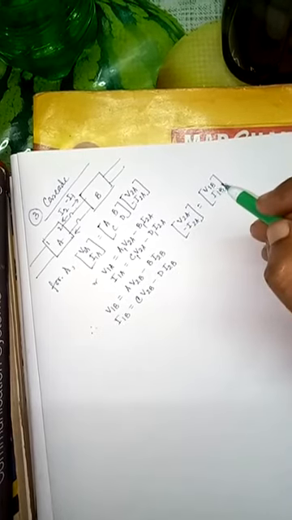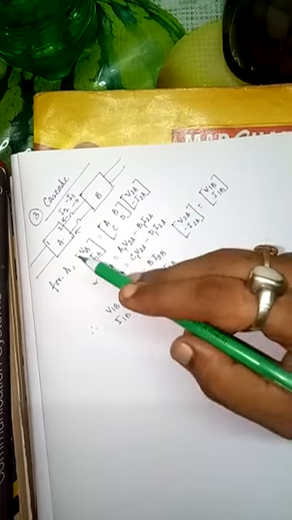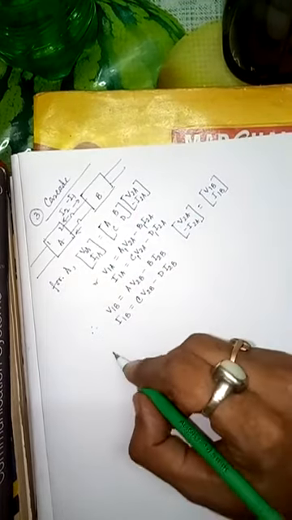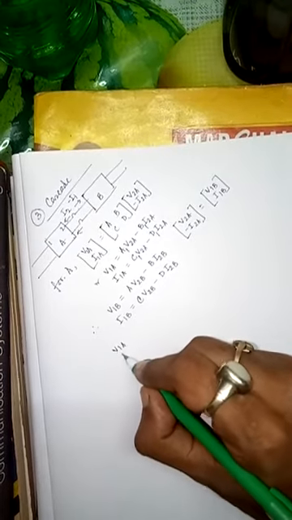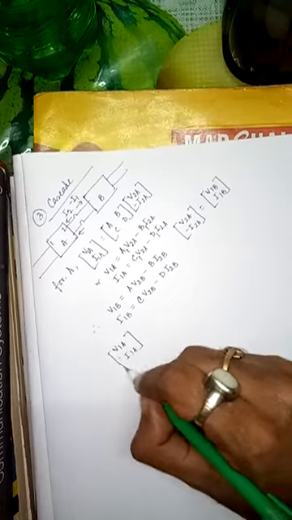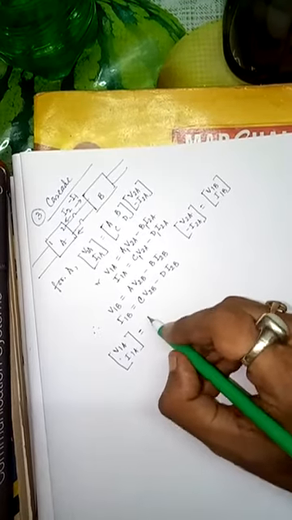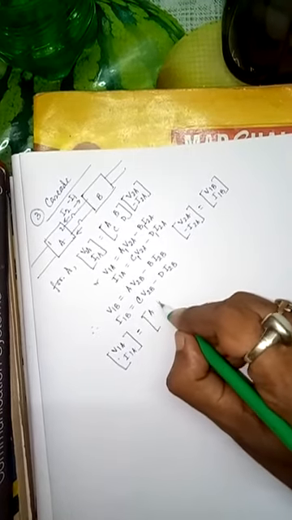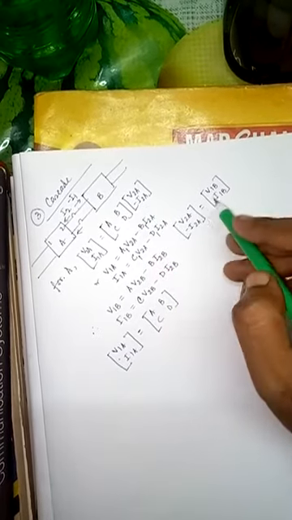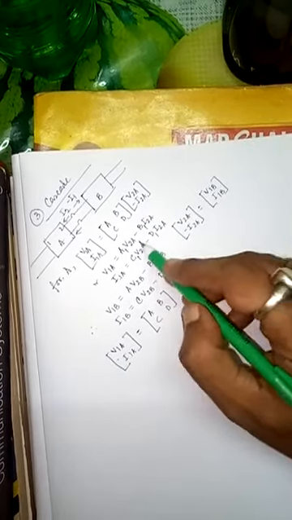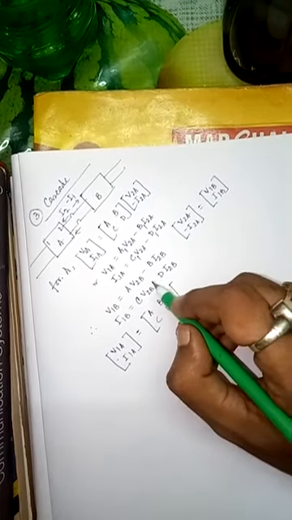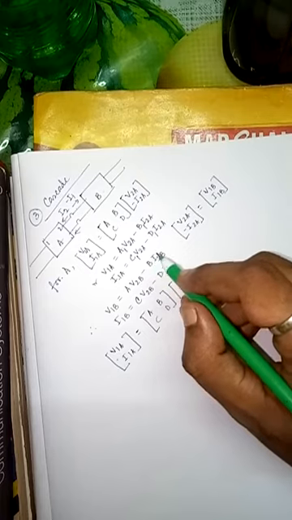So if you are starting calculating from that side, V1A and I1A, this particular part is equal to ABCD, and this part is equal to this.